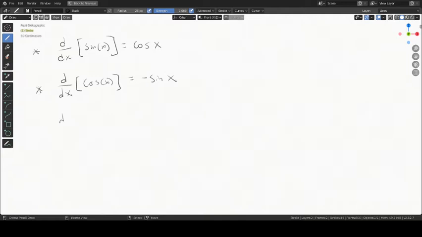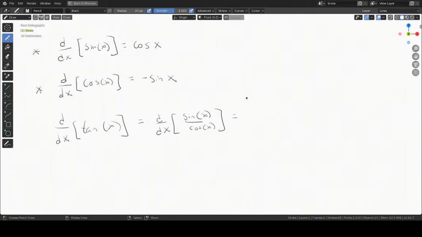So suppose we were to take the derivative of the tangent of x. Well, this is the same thing as taking the derivative of sine of x over cosine of x, right? Which is just quotient rule.